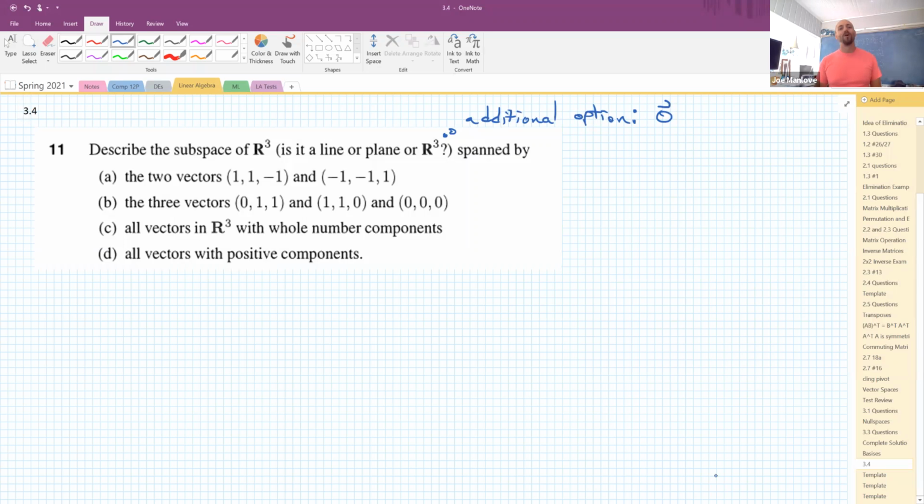Now I feel bad. What is the basis for the 0 vector? Is it just the 0 vector? You'd like to think so, right? But the 0 vector can't be linearly independent. The 0 vector has a basis of nothing.